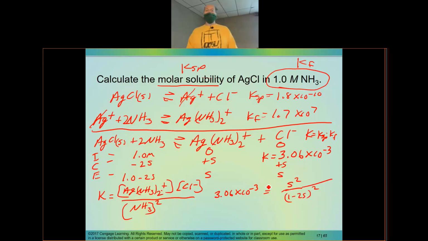All right. You can do this by successive approximations. Neglect your minus 2S, and then you will have to check it. I believe this one takes S1, S2, S3, S4. You would have to put it in 3 times, and 3 and 4 would give you the same answer. So that can be done.